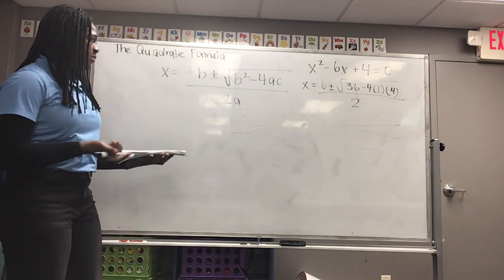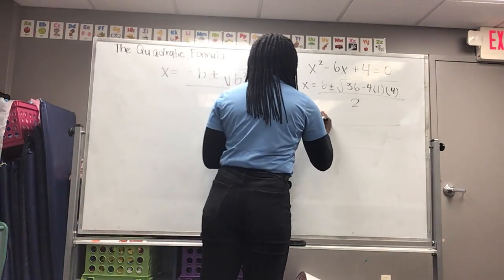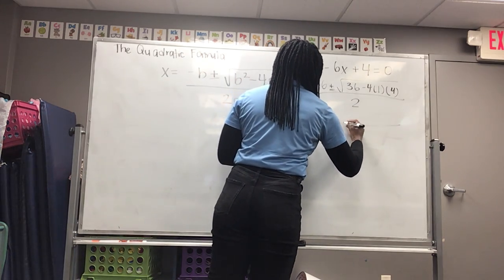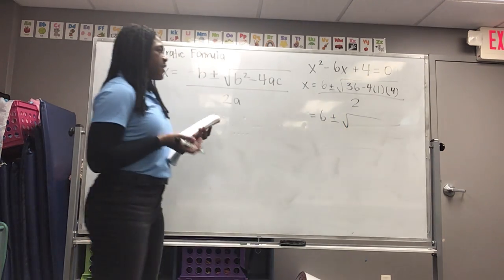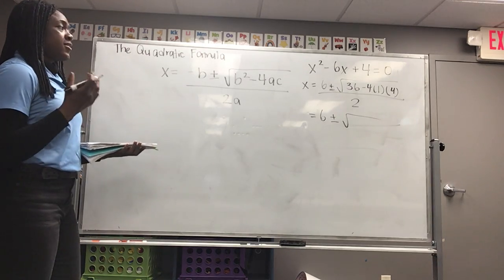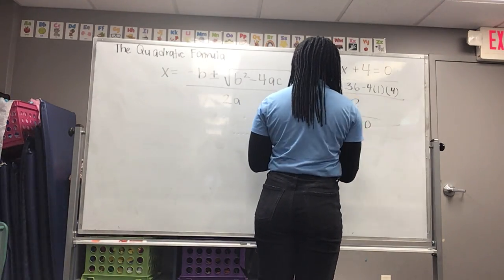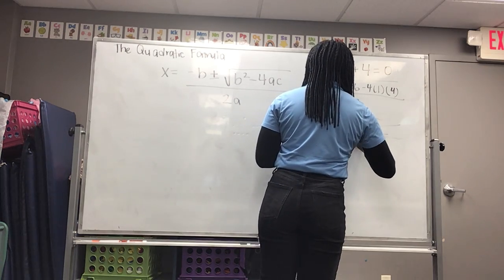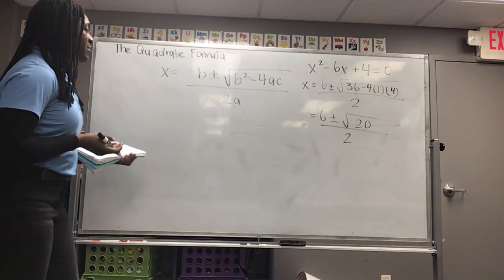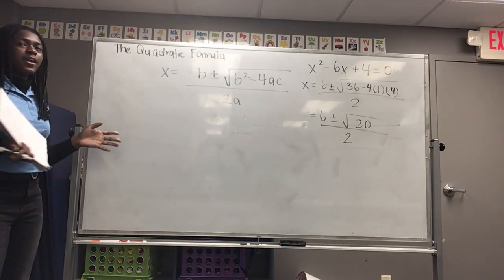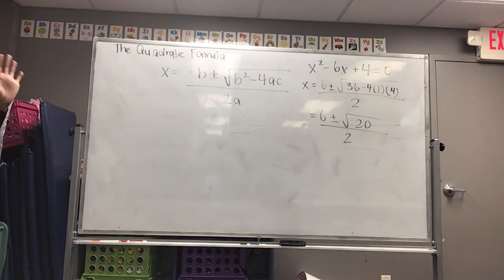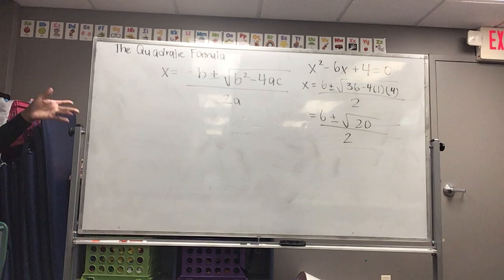Okay, so the last step is going to be to simplify. So 6 plus or minus, 4 times 4 is 16, so 36 minus 16 is 20, and then over 2. So this could be your answer, but you might not see it as an option on the ACT, and that's because we can still simplify a bit.